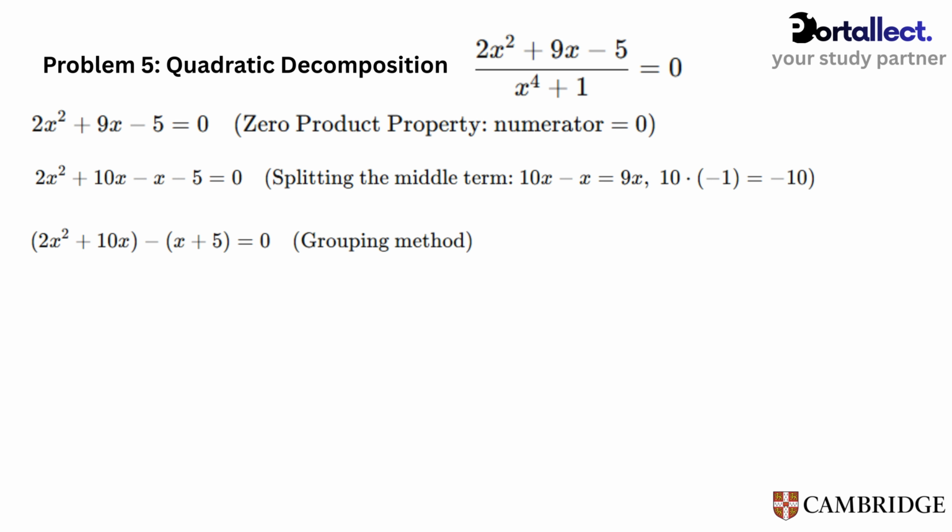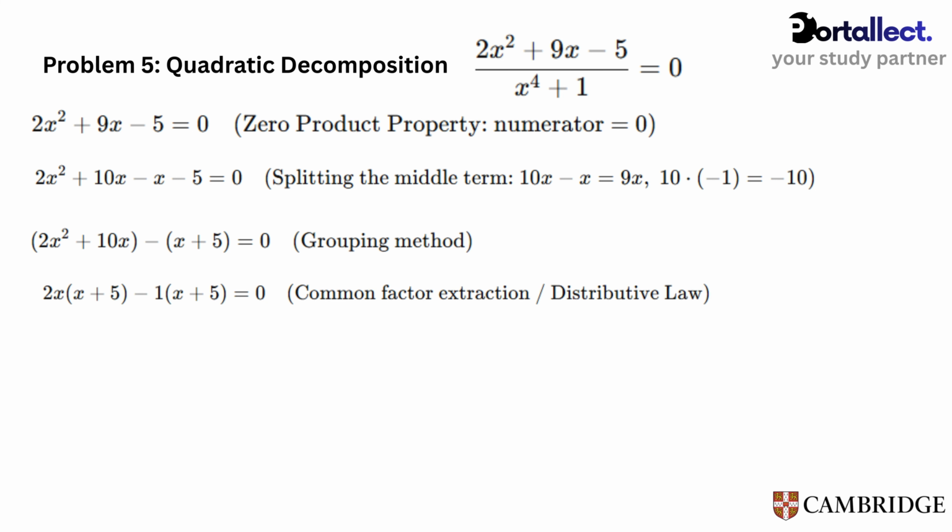We rewrite the equation by splitting the middle term: 2x squared plus 10x minus 1x minus 5 equals 0. Now we factor by grouping. In the first pair, we factor out 2x, which leaves us with x + 5. In the second pair, we factor out a -1, which also leaves x + 5. This gives us our final factors, (2x - 1) and (x + 5).